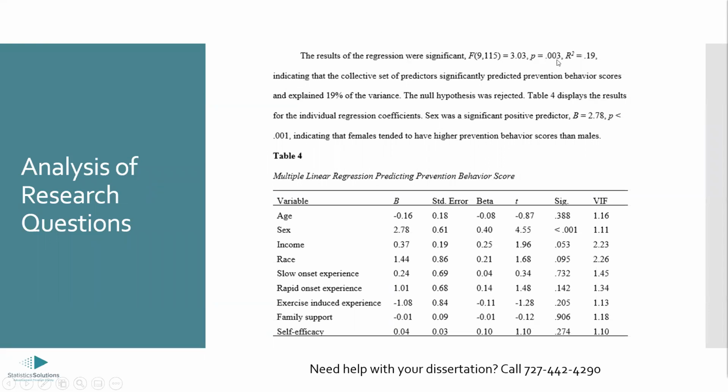In this case, it's less than 0.05, so the overall regression is significant. A measure of effect size for the regression is R squared, which is the percentage of variance explained. We have a brief statement that interprets that R squared and says we're explaining 19% of the variance with our regression model. Again, we have a clear statement relating to our hypothesis: our null hypothesis is rejected.